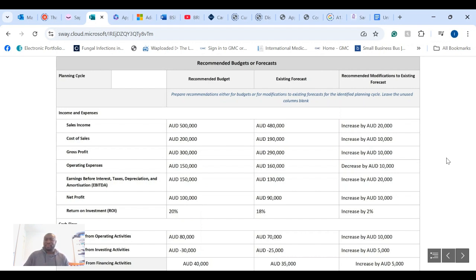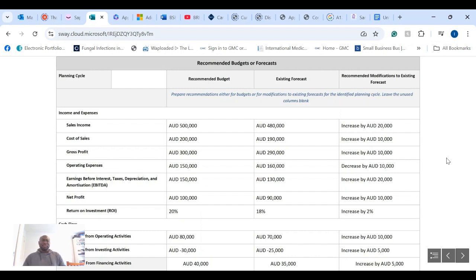Earnings before interest, taxes, depreciation, we're recommending 150,000. The existing budget was 130,000, so we're going to be seeing an increase of 20,000. Recommended net profit would be around 100,000. Existing was around 90,000, so that would be an increase of 10,000.